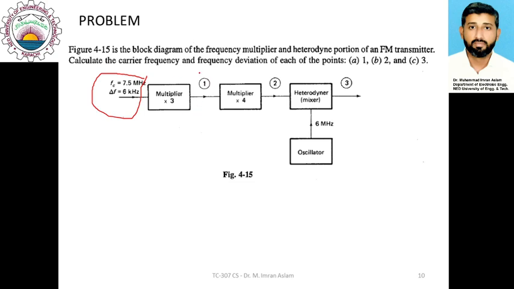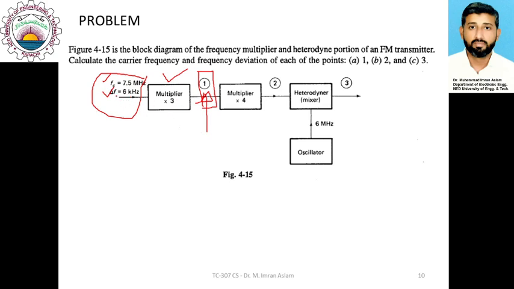If you look at stage number 1 here, you would see that the carrier frequency and the frequency deviation are passing through a multiplier having a multiplication factor of 3. That means at stage number 1 you would see a carrier frequency 3 times higher than the carrier frequency at the input side, and the frequency deviation would also get multiplied by this factor of 3.